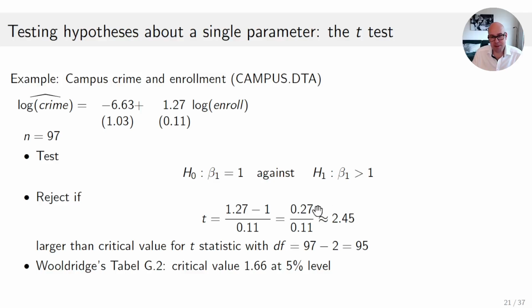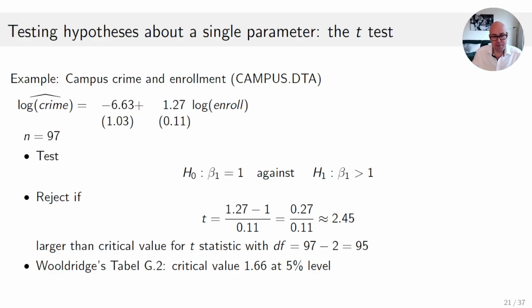So first of all, let's calculate the test statistic. That's 2.45. What is the critical value for the t-statistic with 97 minus 2 degrees of freedom? Why 97 minus 2? 97 observations, 2 coefficients, so 95.